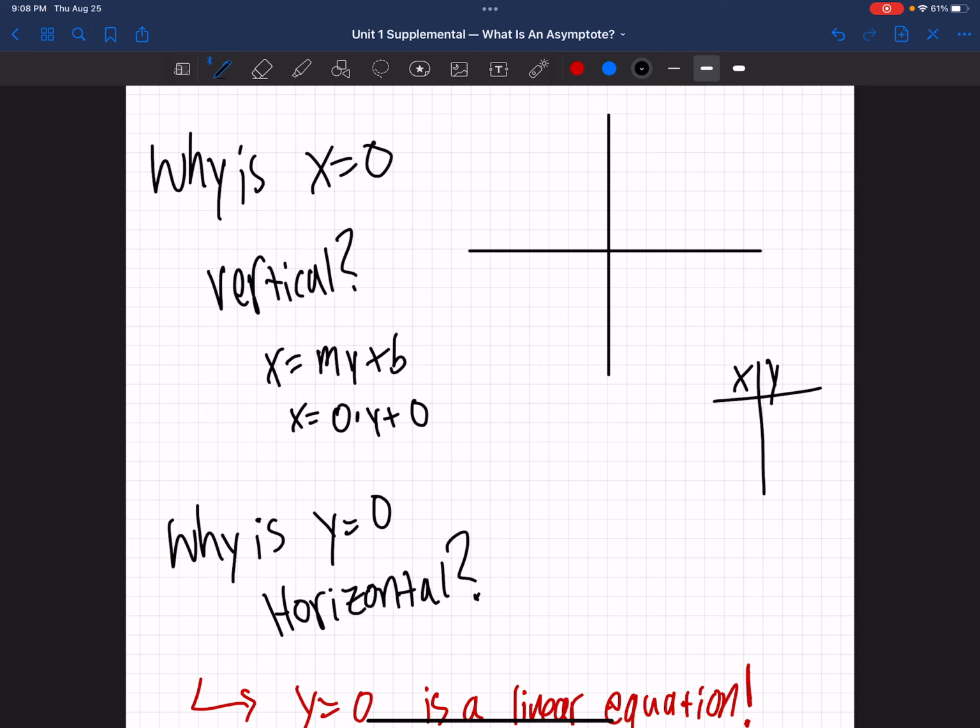It doesn't really matter. I'm just defining it to be 0. X is always going to be 0 no matter what y is, right? And so all of these values, you know what, maybe I'll use like red or blue. All of these values are the same line.